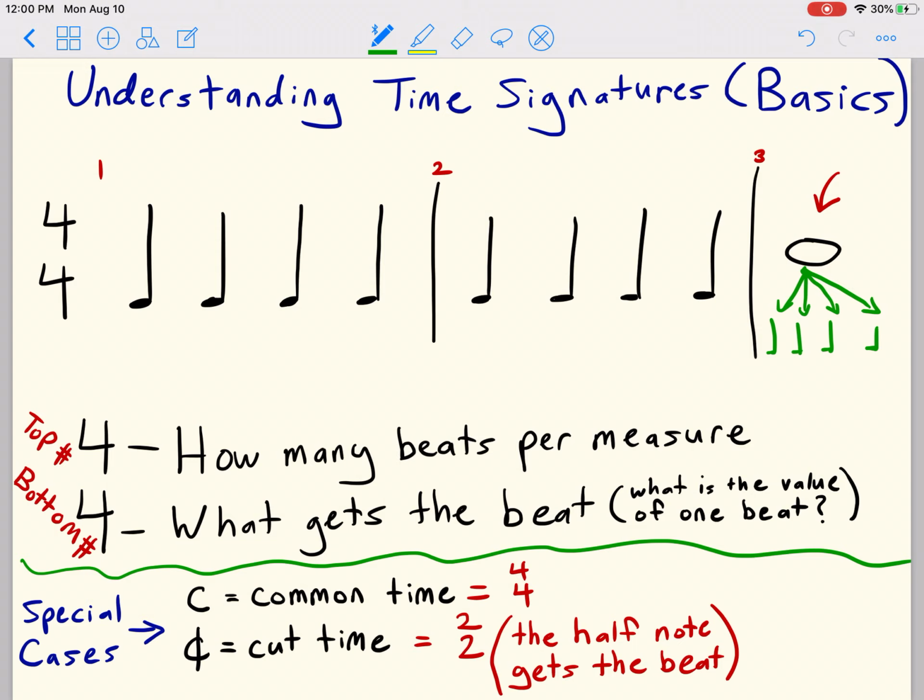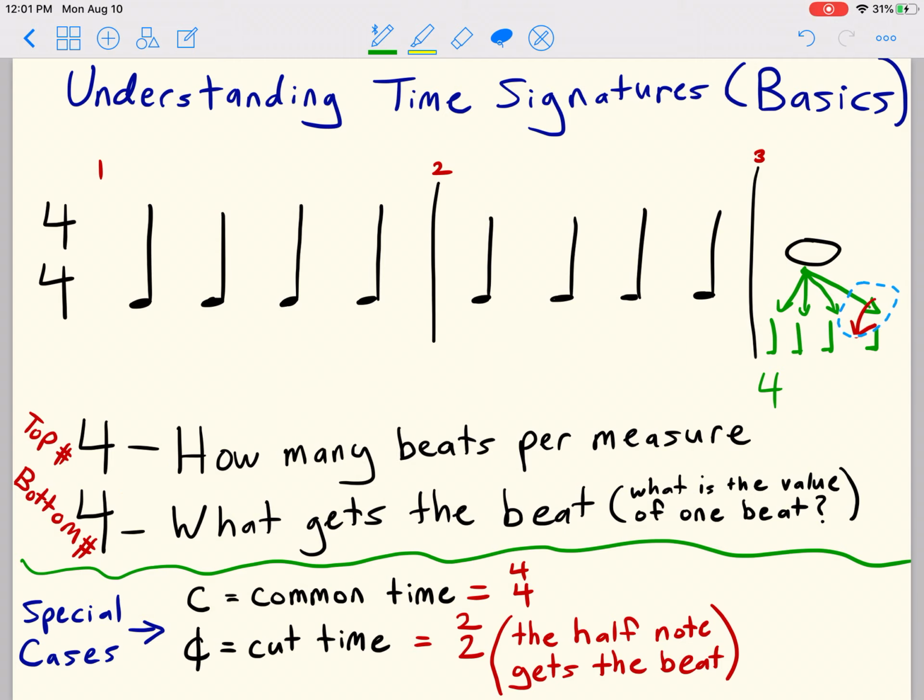We think of them like quarters, as if the whole note was $1. So we have 4 quarter notes here. That's important because when we look over here, we see that there's a 4 on the bottom. The 4 tells us what gets the beat. We know that if we chop a whole note up into 4 pieces, we get quarter notes.